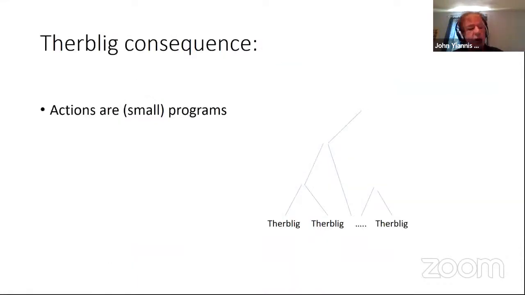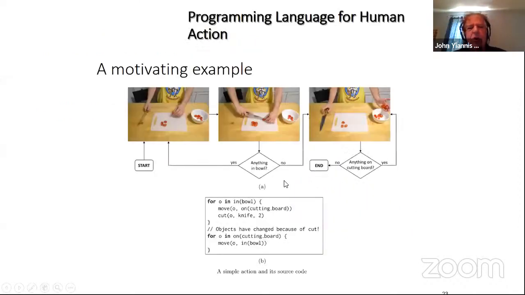Okay, so a consequence of the Therblig is that all actions are basically small programs. You can see that by having a sequence of Therblig and then parsing it. And so we are developing a programming language that basically represents human action and action in general.